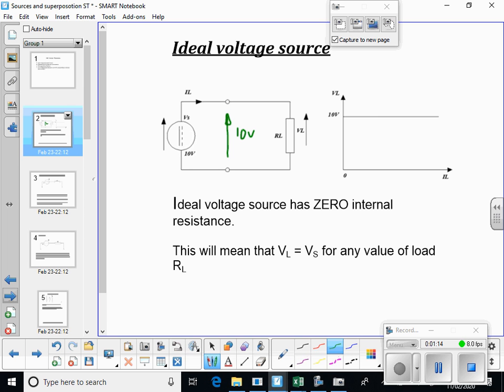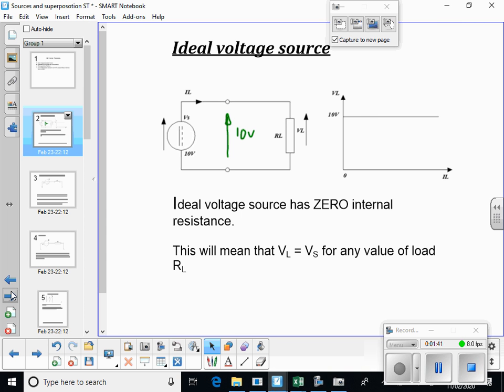It would mean that the ideal voltage source has no internal resistance, or impedance in an AC circuit. This would mean that the voltage across the load is equal to the voltage across the source for any value of load resistor, regardless.